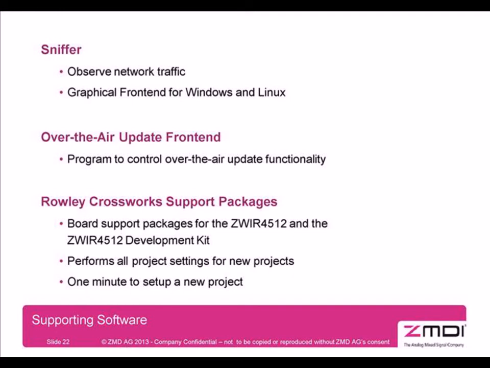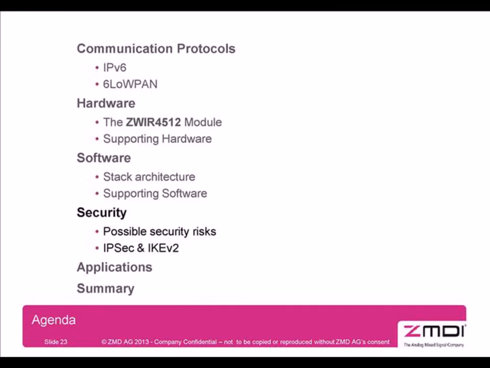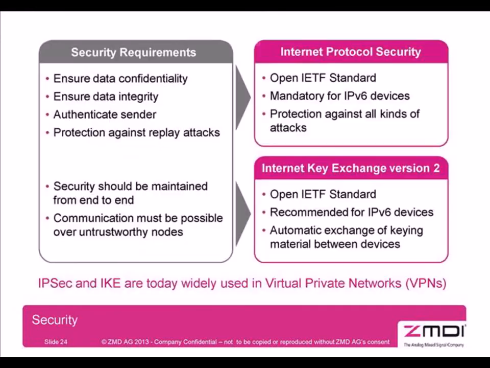The best security solution to communicate over untrusted nodes is end-to-end security. This allows us to communicate over the internet or other unsecure networks, and only the endpoints are able to secure and unsecure the packages.